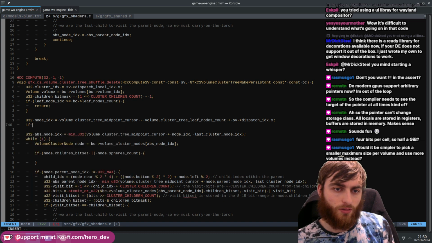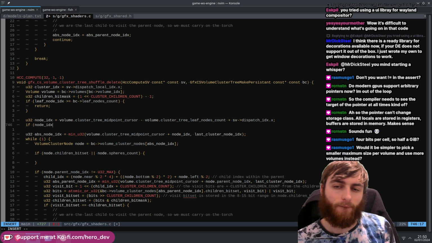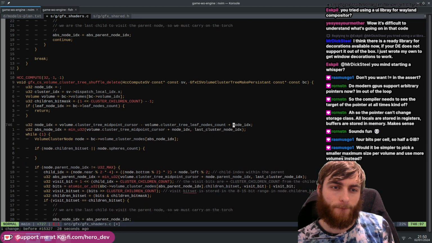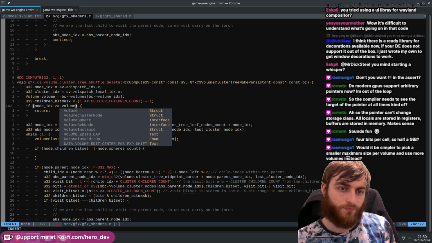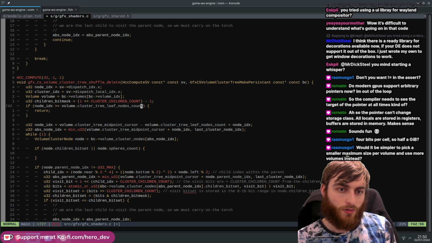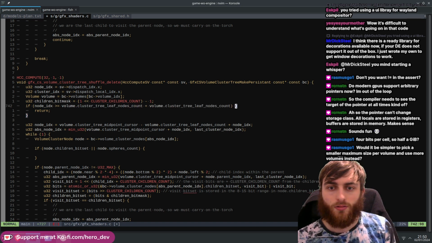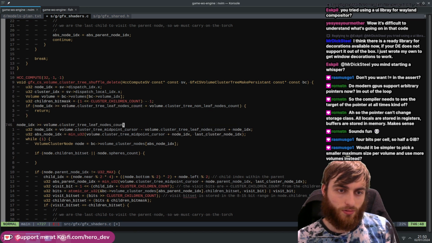So I guess you just say, if node index is greater than volume, there's a non-leaf nodes count as well, and then you want to reduce that number by the leaf nodes count. Make sure that's signed.